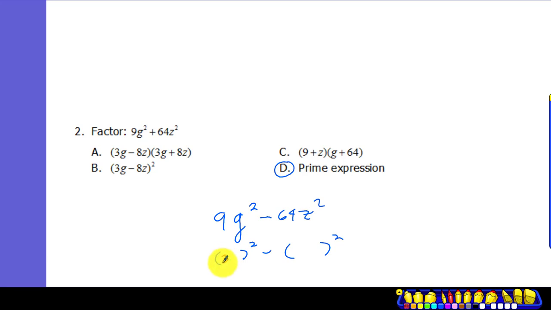Okay, 3 and then g. What about here? So 8 and then z. And then there you go. We can apply your DOS, which is, if this will be your question, the answer will be letter A. Okay? But since this is a plus, then we cannot factor.